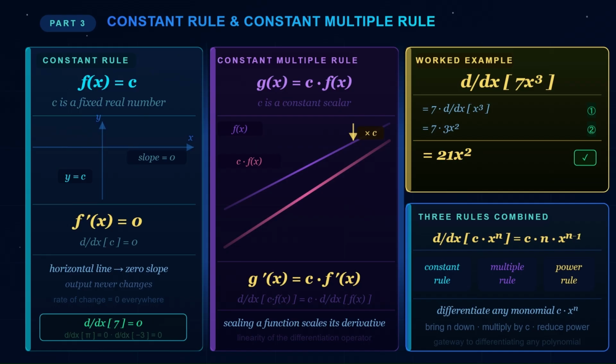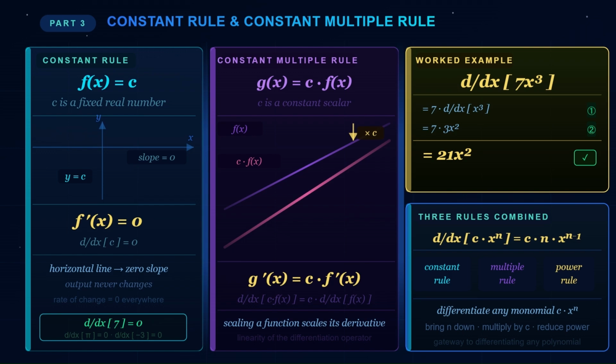Second, the constant multiple rule. If you multiply a function by a constant, the derivative is that same constant multiplied by the derivative of the function. Formally, if g of x equals c times f of x, then g prime of x equals c times f prime of x. In Leibniz notation, d over dx of c times f of x equals c times d over dx of f of x.